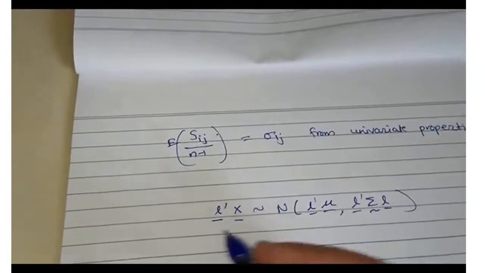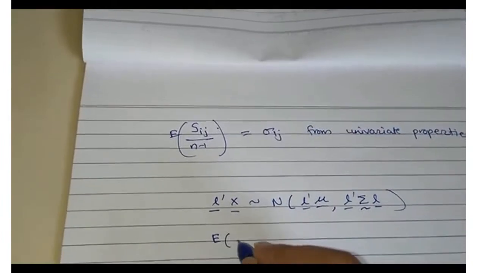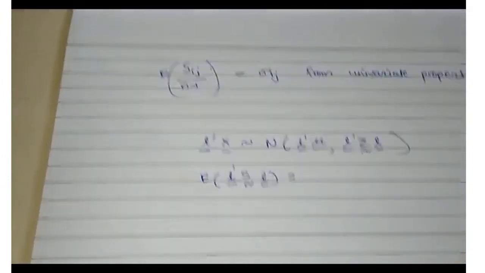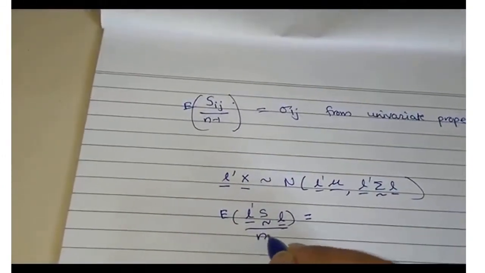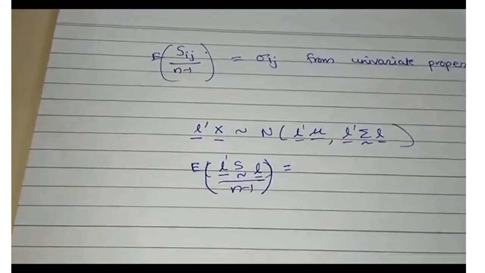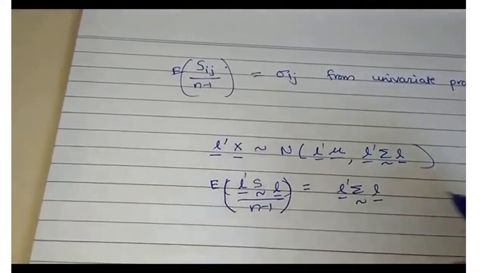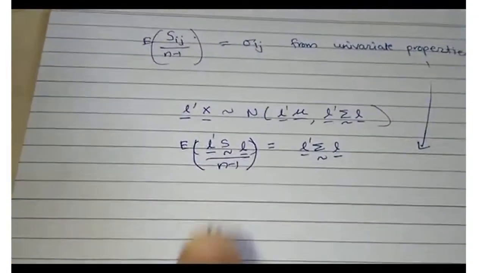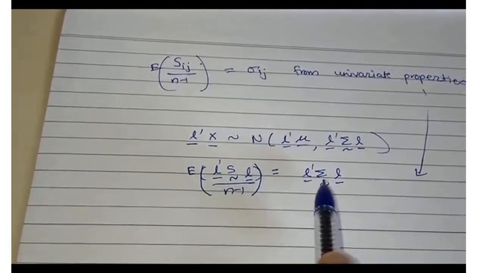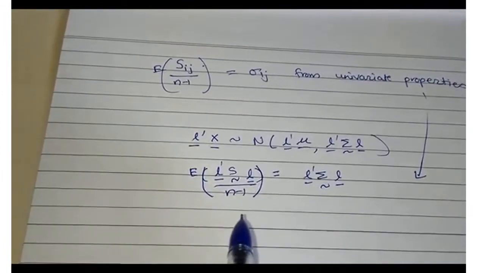Because this is univariate, now I know that the expectation of L prime SL divided by n minus 1 would be L prime sigma L. This is again from univariate properties, because L prime SL upon n minus 1 would be an unbiased estimator for L prime sigma L, where this S is the CSSP matrix. Okay.